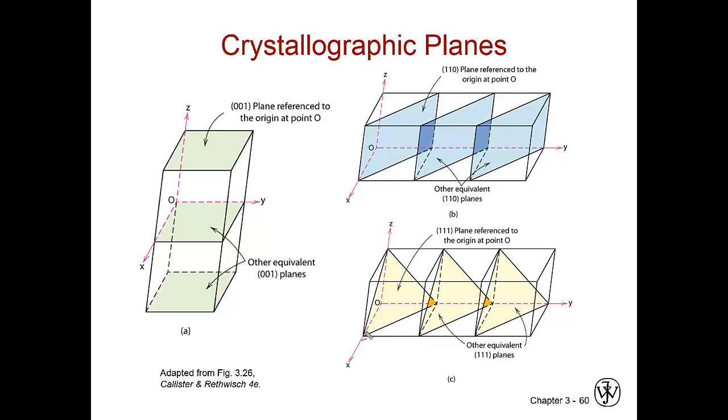We have the x-intercept is 1, the z-intercept is 1, and the y-intercept is 1. So I have 1, 1, 1, and I take the inverses, and that ends up being 1, 1, 1 again, and I just put those in parentheses. And so that's a fairly easy calculation to make.